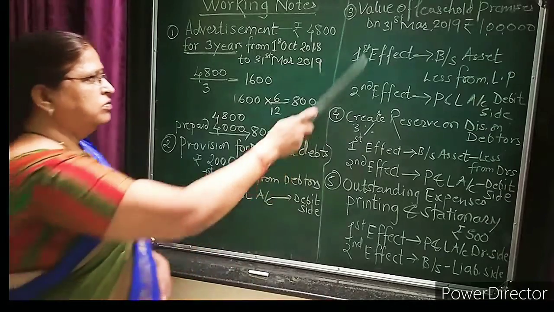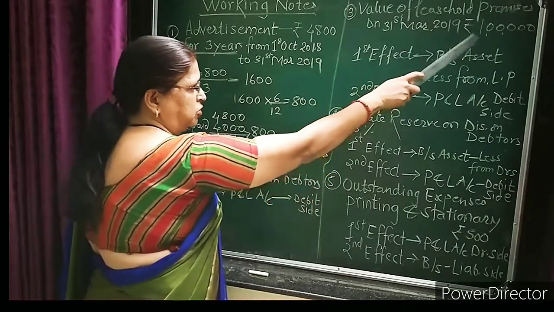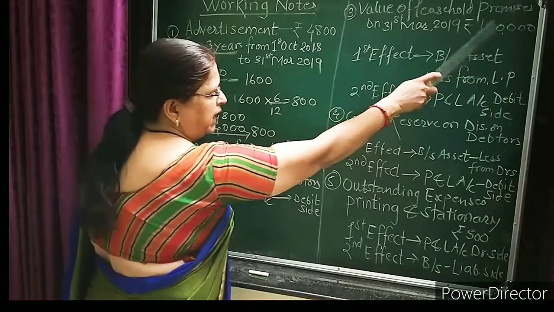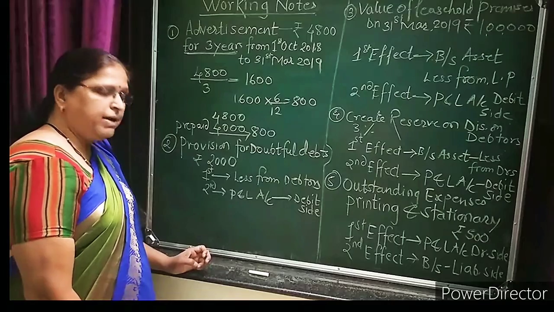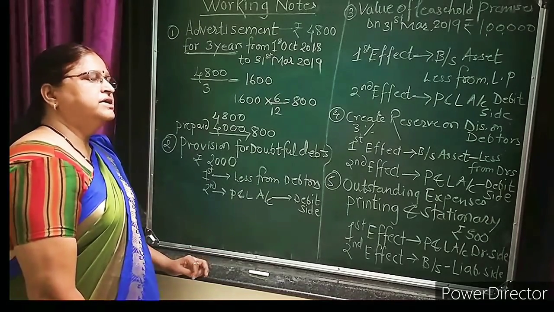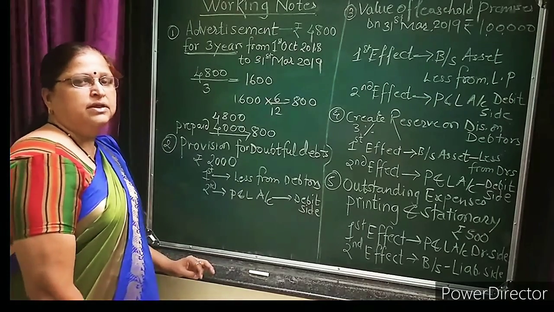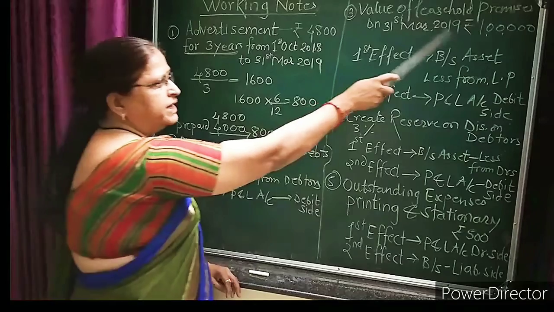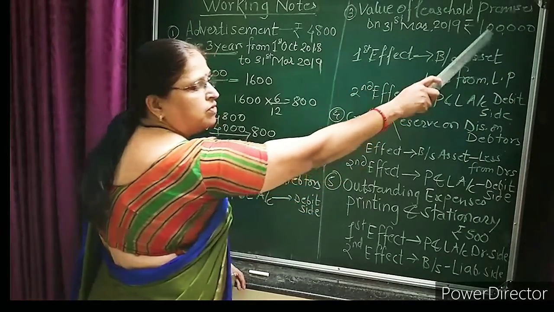Next adjustment, value of leasehold premises on 31st March rupees 1 lakh. Now first leasehold premises is given in trial balance rupees 1,10,000. Now this is the asset, it is a fixed asset and after using the assets, the value of the asset decreases and this asset has also decreased and the value become 1 lakh.